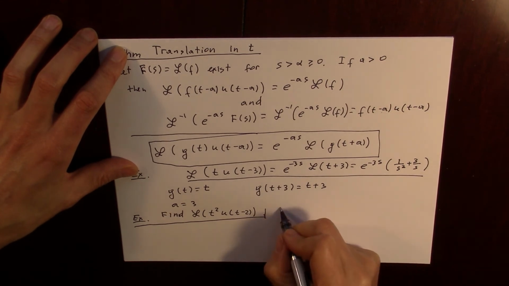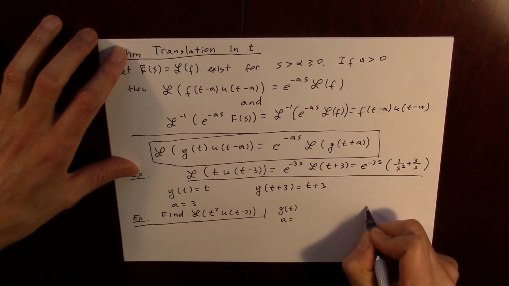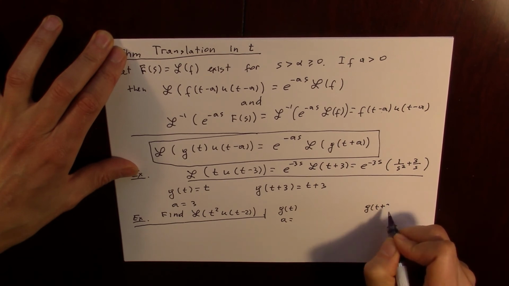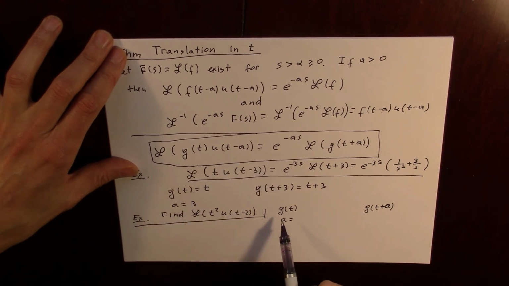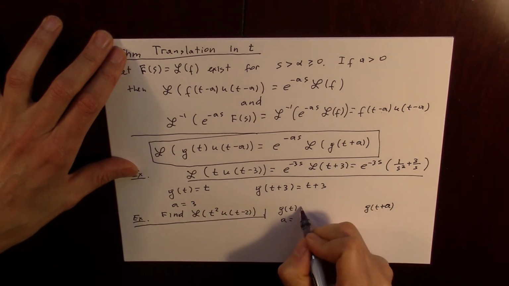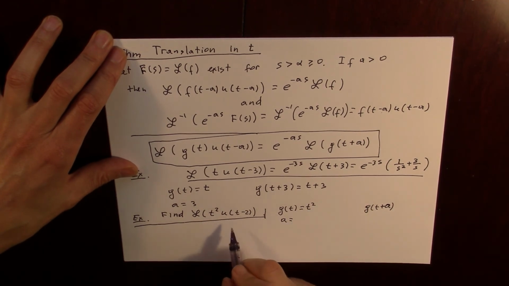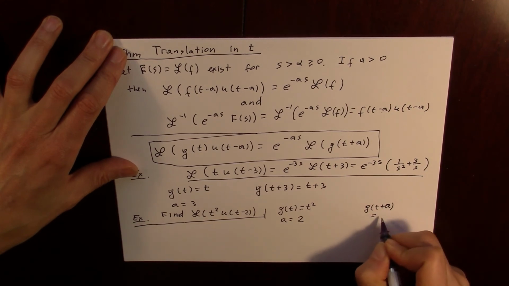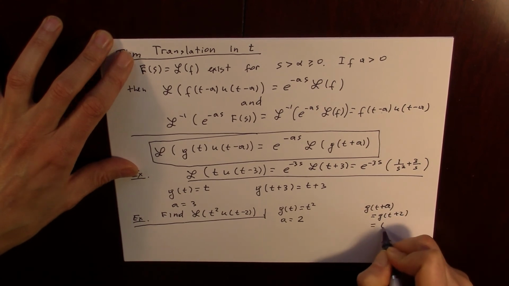To use that formula, we need to figure out what function g of t is, what a is, and what g of t plus a is. So three things: what a is, what g is, and what g of t plus a is. In our case, g of t is t squared, a is going to be 2, and g of t plus a is going to be g of t plus 2, so it's going to be t plus 2 squared.